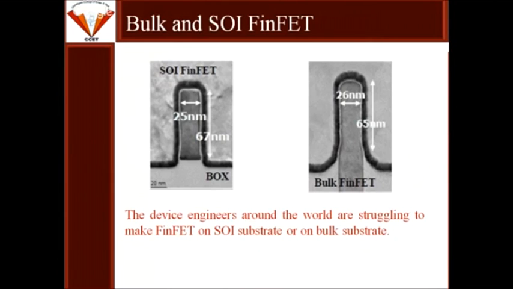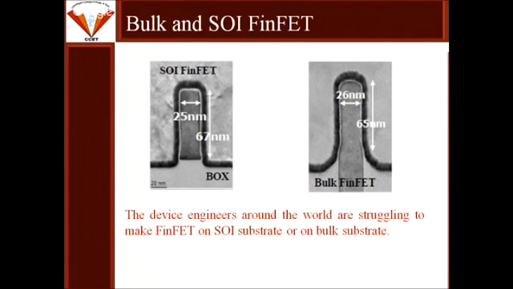So these are two figures based on 22 nanometer technology. 25 nanometer is the width of the fin, and 67 nanometer is the height of the fin in the case of SOI FinFET. In the case of bulk FinFET, the height of the fin is 65 nanometer and 26 nanometer is the width of the fin.